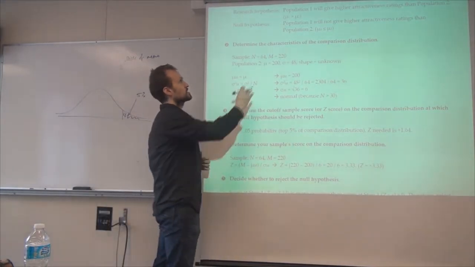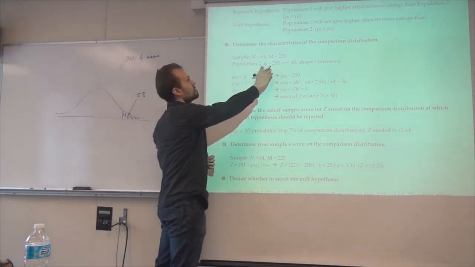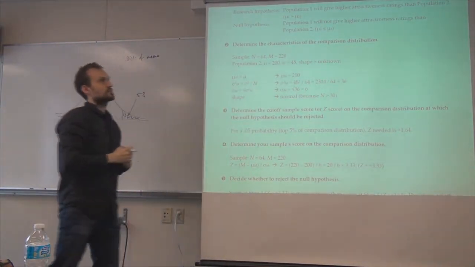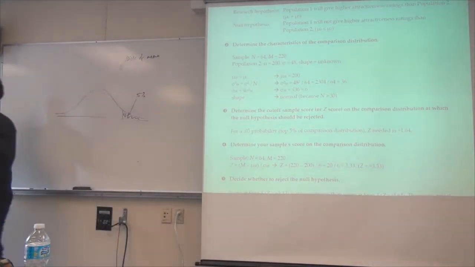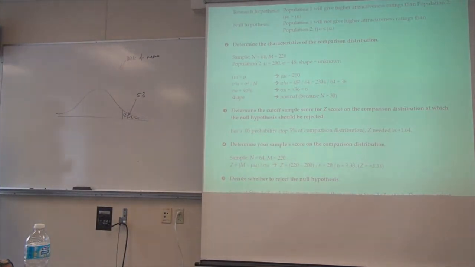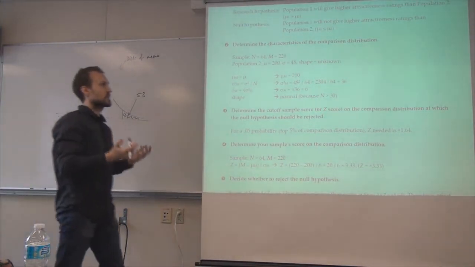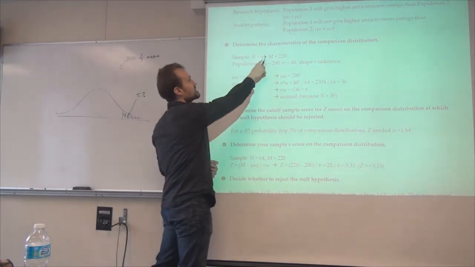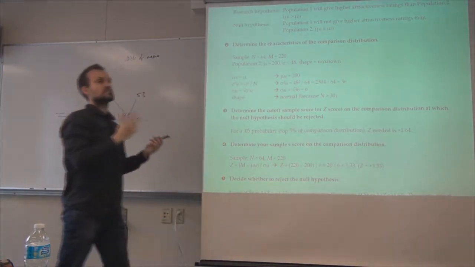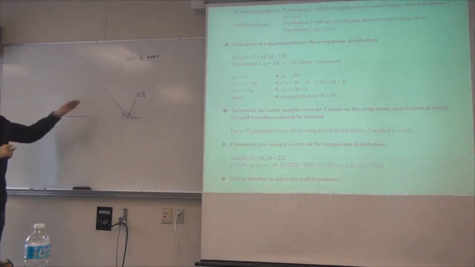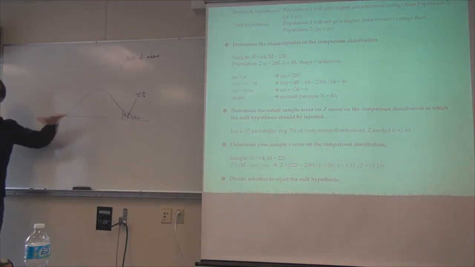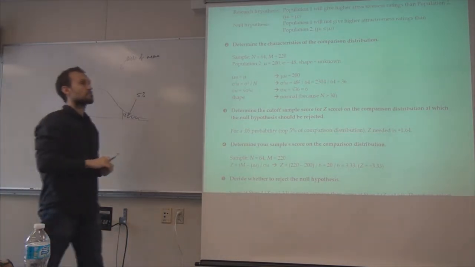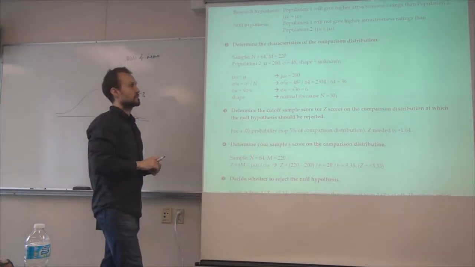Now the population mean is 200 with a standard deviation of 48, and the shape is something else. It doesn't have a name, something strange, not normal. But because my sample size is big enough, it doesn't matter. When I look at the distribution of means, that is going to be a normal shape because I have 30 or more people in my sample.